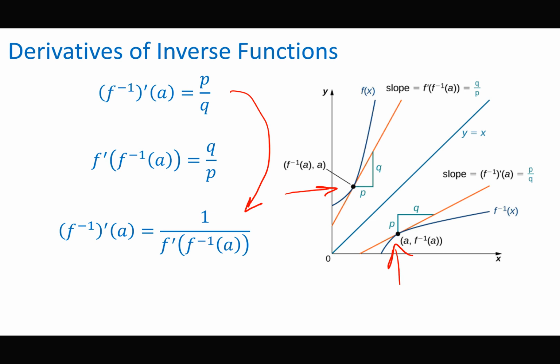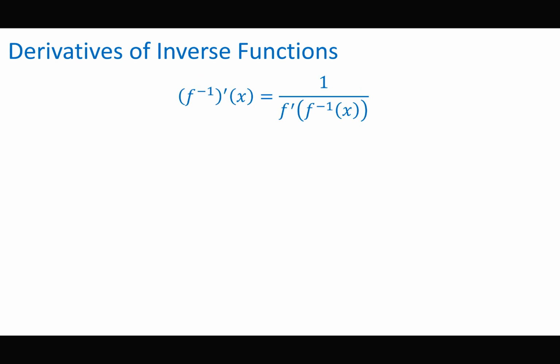Okay, so again, that graph, there's a lot going on with it. Well, what this is finally saying is the derivative of an inverse function at A is 1 over f prime f inverse at A.